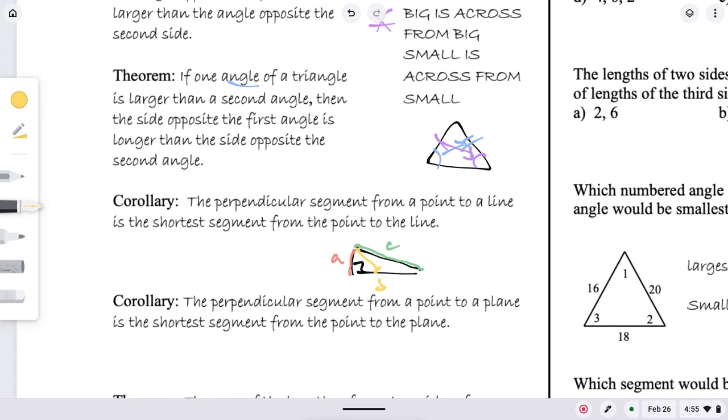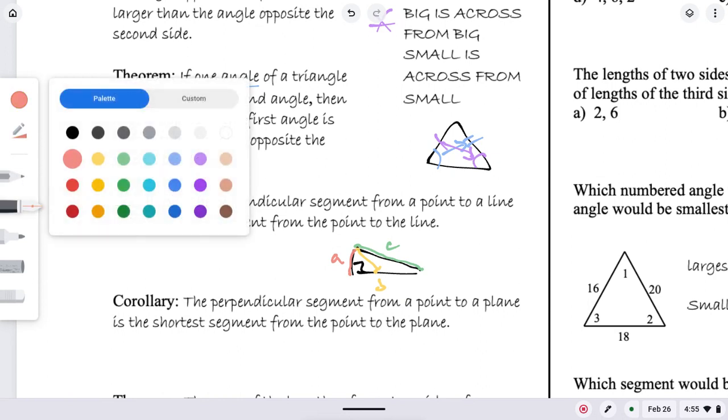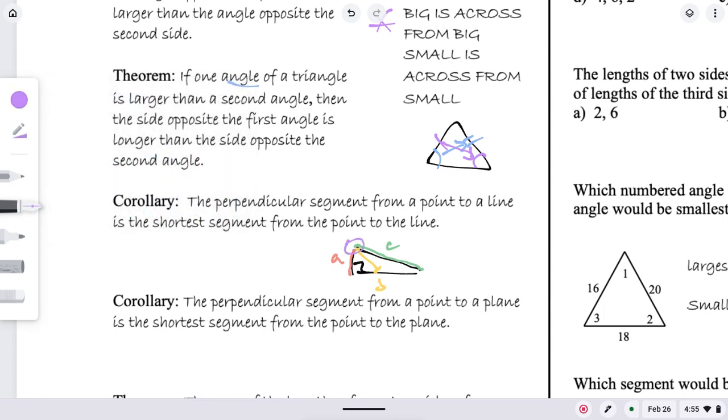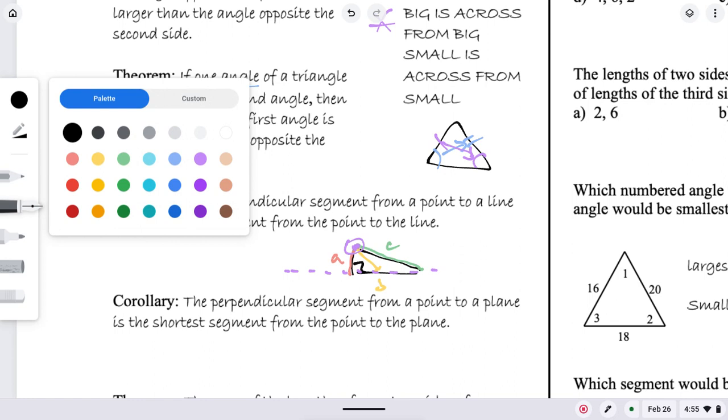The shortest distance from this point, picking a color here that I haven't used already, here's purple. Right, this point here of my triangle, the closest distance from that point to that base extended B is going to be that perpendicular altitude that we talked about in the past, right? So we actually did that in our construction.